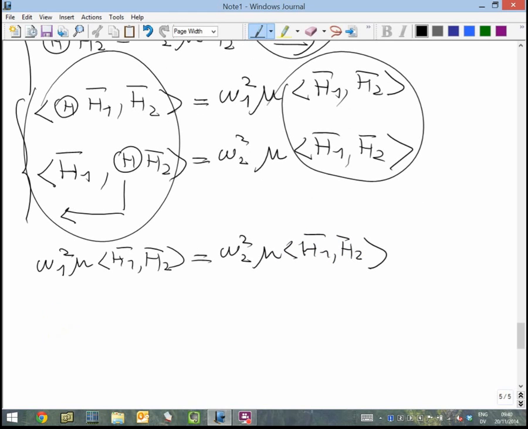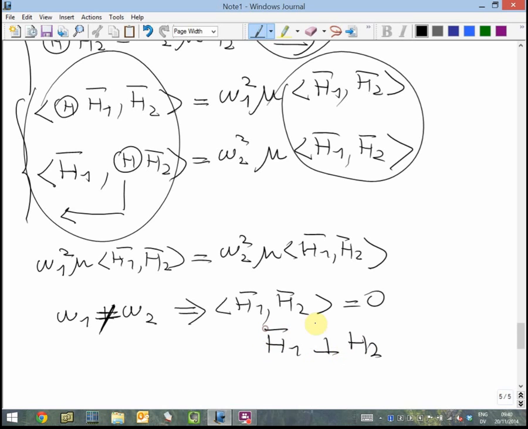And now, if we assume for the time being that our two eigenvalues, omega 1 and omega 2, are different values, then we don't divide by 0, and we can say that h1, h2 is equal to 0. And that indeed means that our function h1 is orthogonal to our function h2 under the definition of the scalar product that we have here.